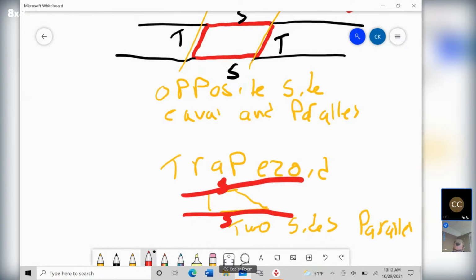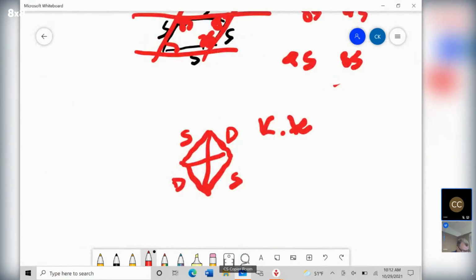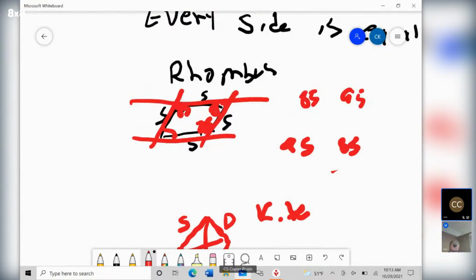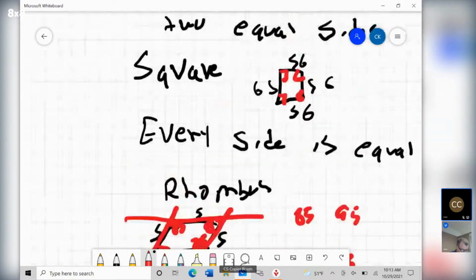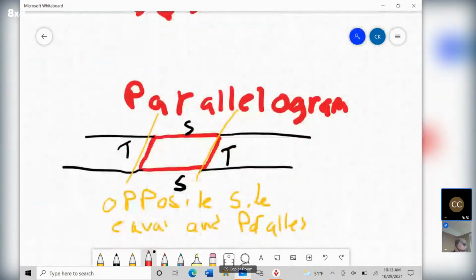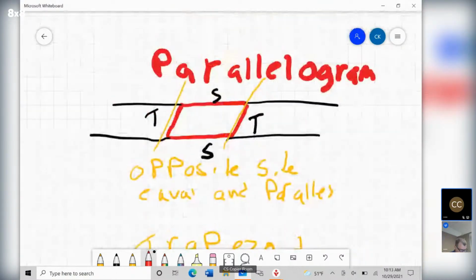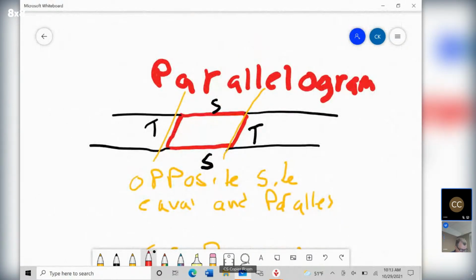And a trapezoid has that kind of weird shape to it. So let's just go back up and review these. The kite is going to look like a kite. A rhombus, all sides are equal. It's basically a diamond on its side. Square is the one that's most common. All four sides are the same. Rectangle, four sides with two of them being equal. Then we have the trapezoid, two sides are parallel, and parallelogram, opposite sides are equal and parallel.